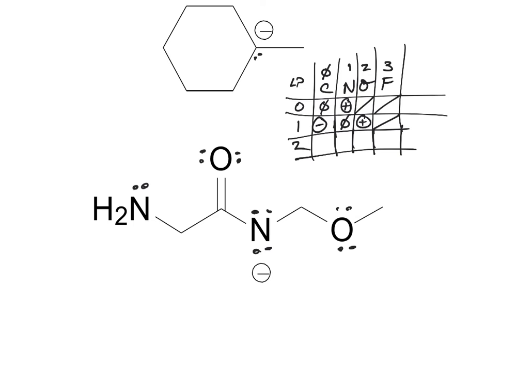If there's 2 lone pairs, you won't see a carbon with 2 lone pairs very often, if ever. Nitrogen will be negative, oxygen will be neutral, and the fluorine, will it have 2 lone pairs ever? Yeah, I guess it could. If it had 2 lone pairs and a double bond, it would be 7 minus 6, so that would be positive. With 3 lone pairs, you're not going to see carbon with 3 if you didn't see it with 2.